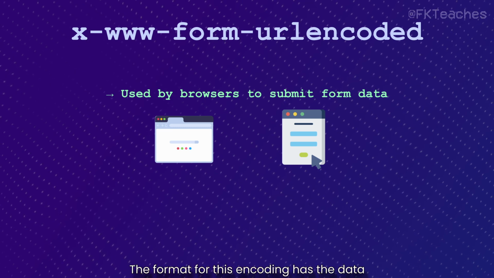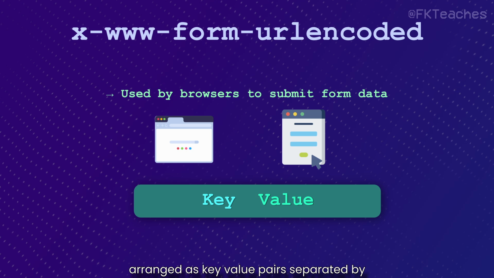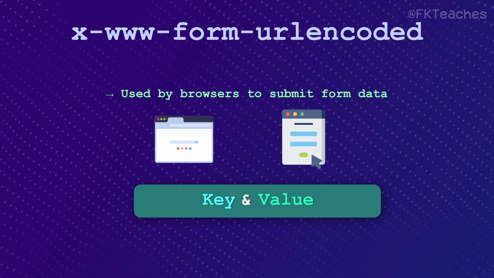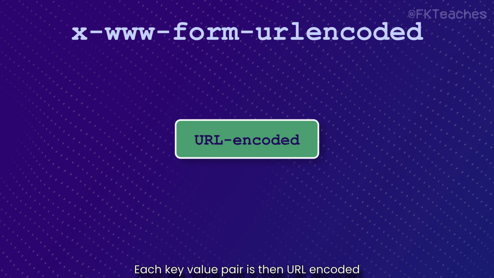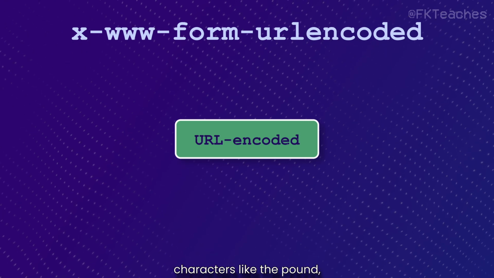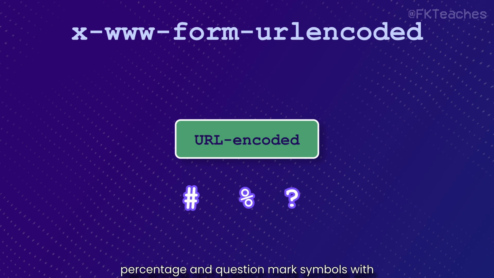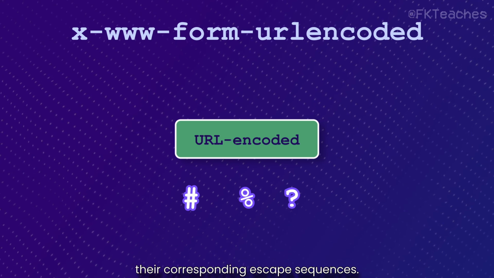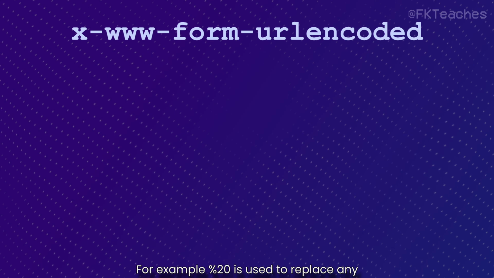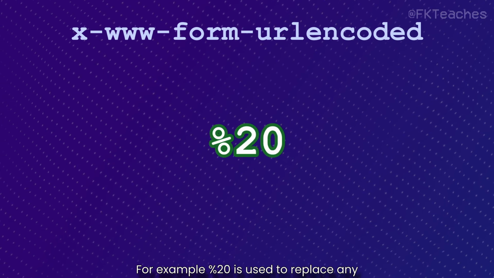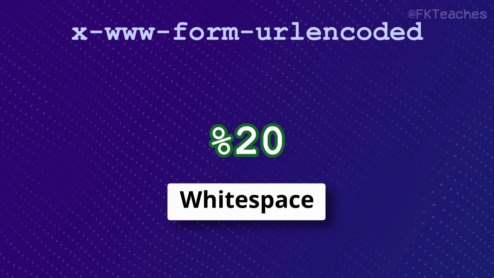The format for this encoding has the data arranged as key value pairs separated by ampersands. Each key value pair is then URL encoded to replace special characters like the pound, percentage, and question mark symbols with their corresponding escape sequences. For example, %20 is used to replace any white space in the data being sent.